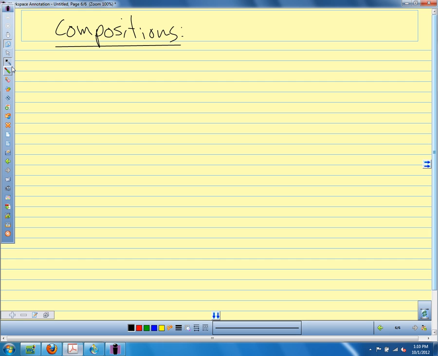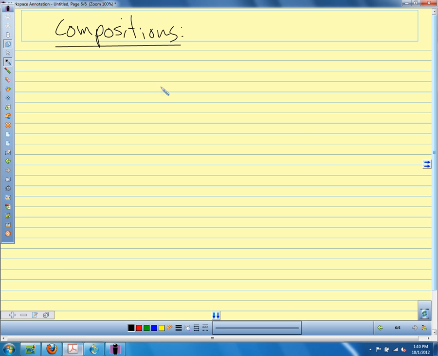And that's true for inverse sine, cosine and inverse cosine, tangent and inverse tangent. But we have to make sure that we're following our domain restrictions.